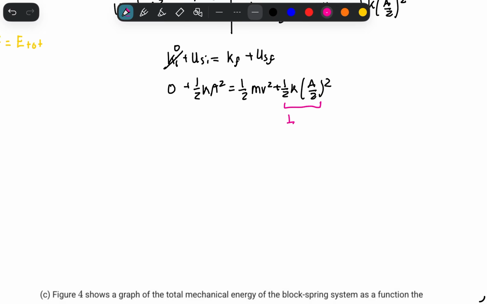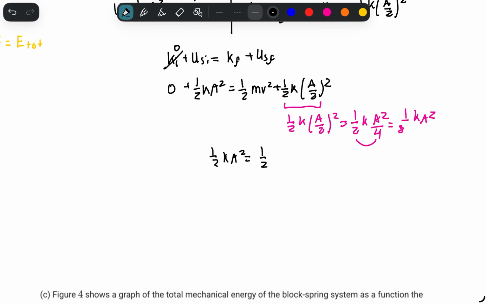We have 1/2 k (a over 2) squared, which is 1/2 k a squared over 4. Multiply the 2 and 4, and this is 1/8 k a squared. So we can rewrite everything now, and we have 1/2 ka squared is equal to 1/2 mass times velocity squared plus 1/8 ka squared.